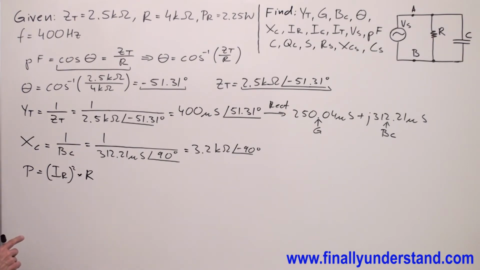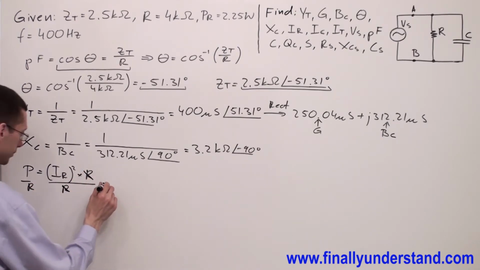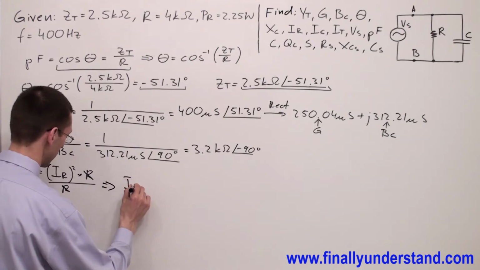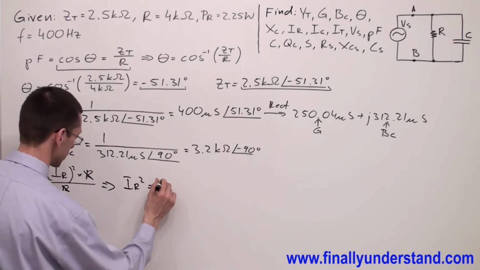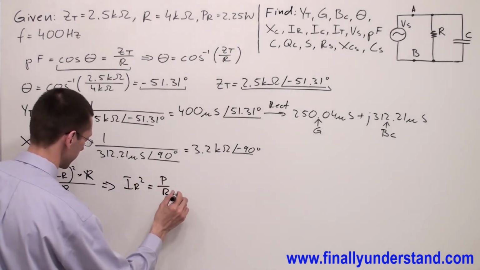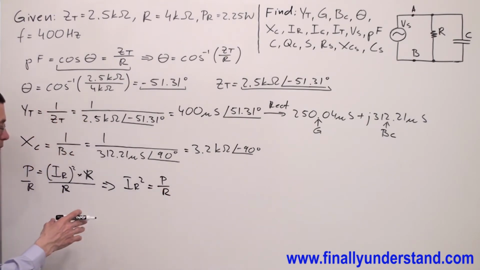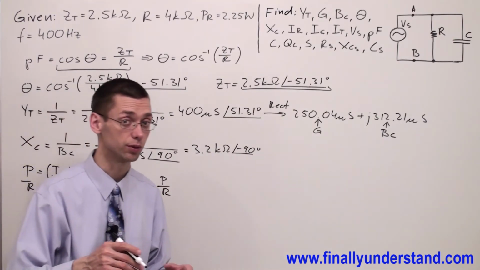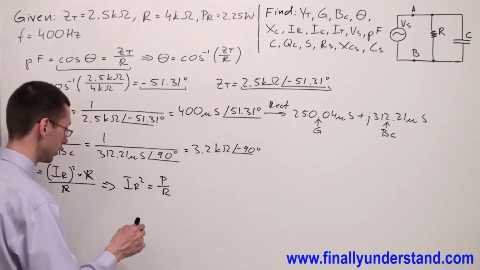In order to find the current, I'm supposed to simply solve this formula for current. In order to do so, I divide both sides of my equation by R, and I'm going to obtain IR squared equals P over R. I'm doing everything step by step because some students have difficulties with algebra.